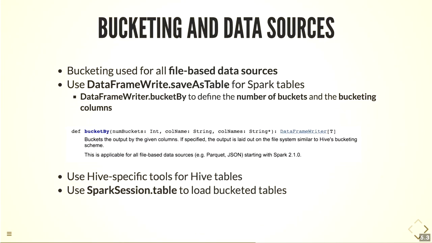Okay, so bucketing and data sources. It works nicely with data sources natively supported by Spark, text-based file formats. If you use the saveAsTable operation to save your data, or you use Hive-specific tools to bucketize your tables, okay?